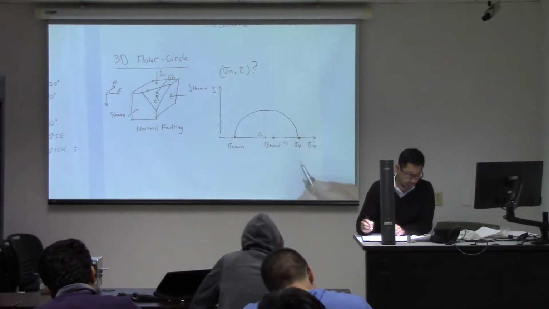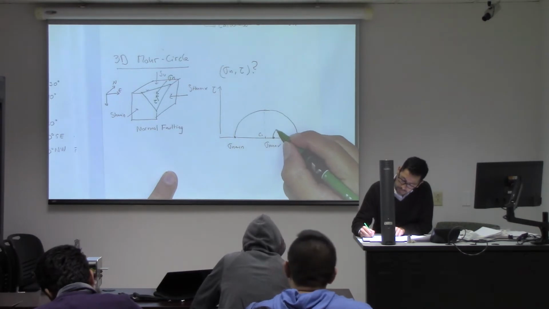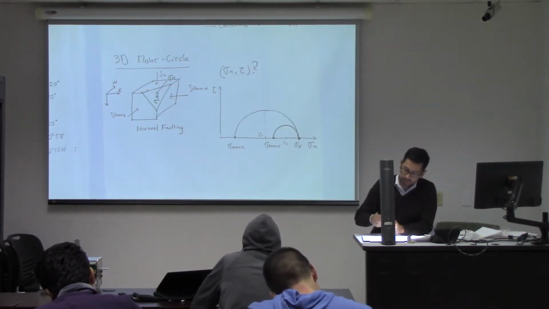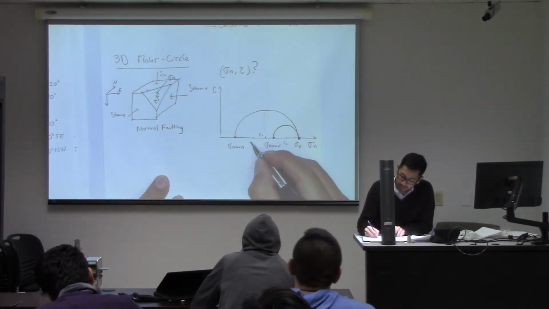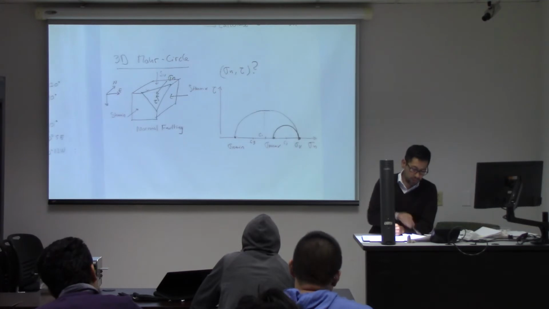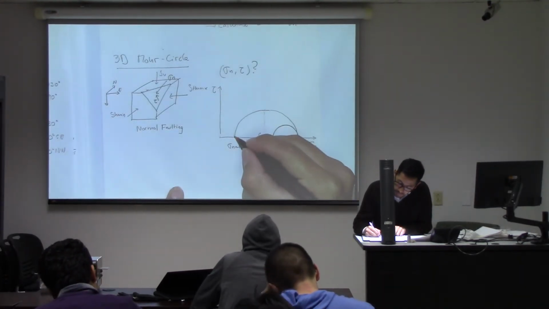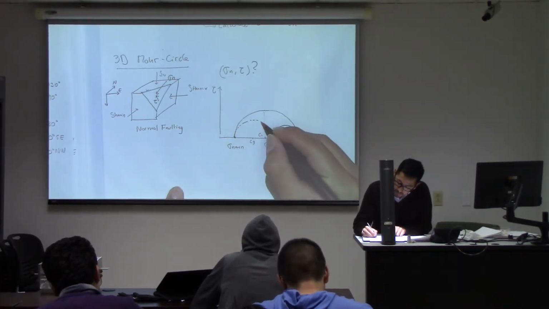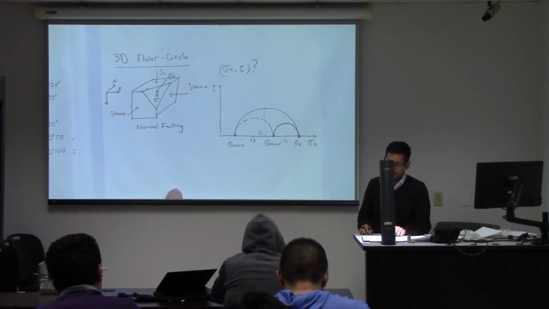This is going to be another circle. And in between those 2 points, I'm also going to have a third circle. So now I have 3 circles, okay?